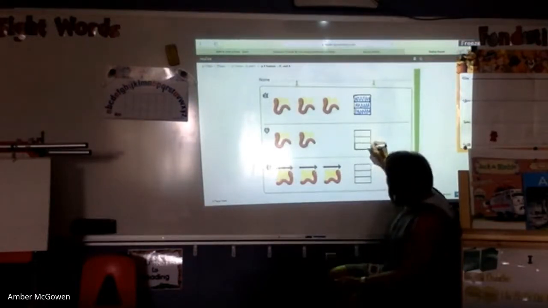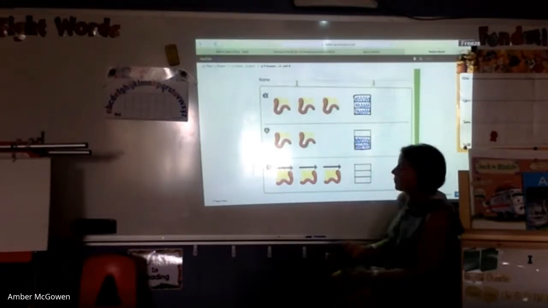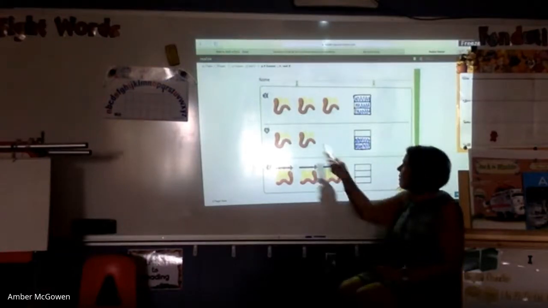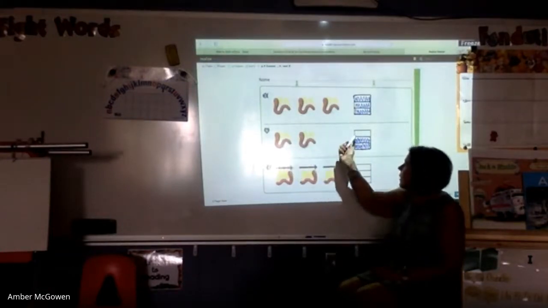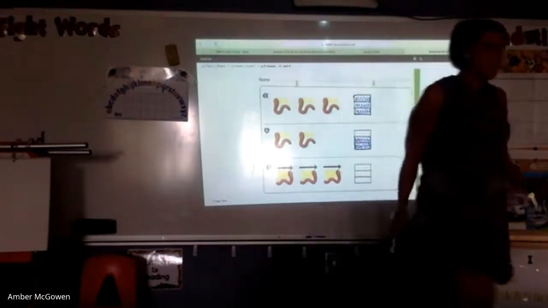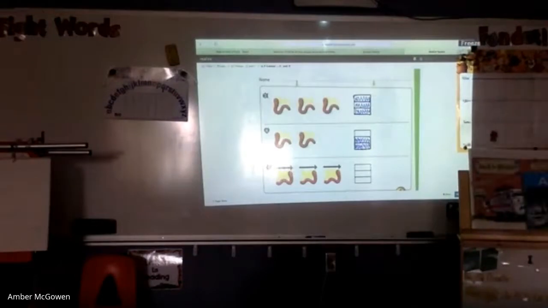We're going to color in 1, 2. So if you have 2 worms, color in 2 boxes. Yep, 2 worms for 2 boxes.